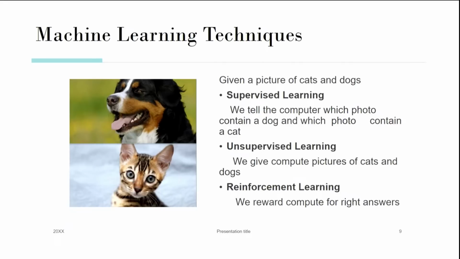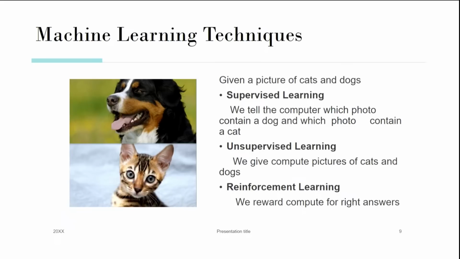It may group all the images looking like dogs in one group, and all the images looking like cats in another group. Then with the help of a manual expert, we say that these are the dogs and these are the cats, right? So unsupervised learning is all about grouping together different objects based on some kind of similarity.